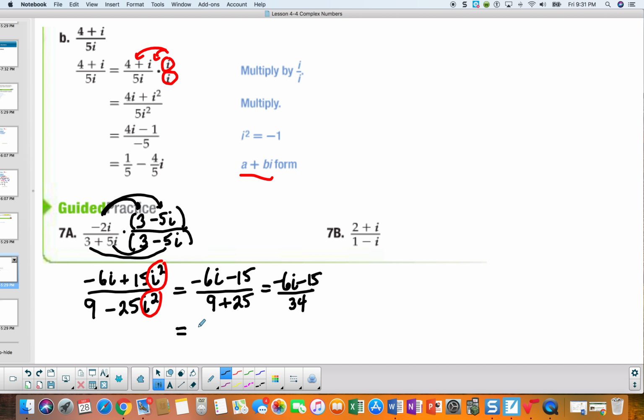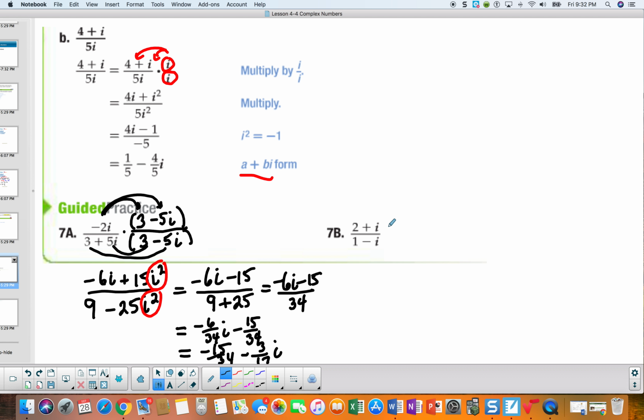All right, and now I'm going to have negative 6 over 34i minus 15 over 34. Now in a plus bi form the real part is first, so this is going to be negative 15 over 34 minus, and I'm going to do a little reducing, and that'll be 3 over 17i, and there's my answer.